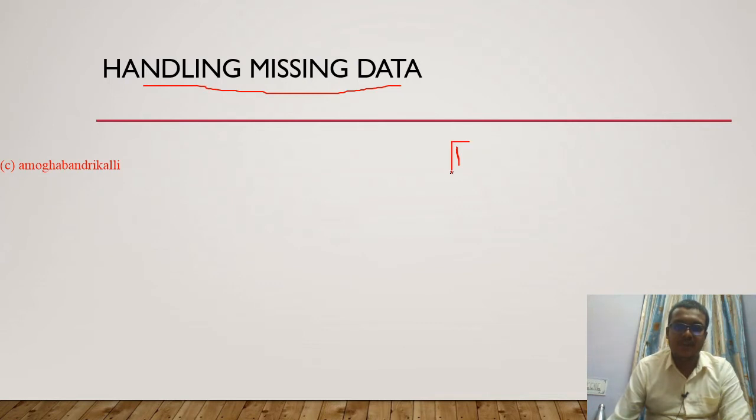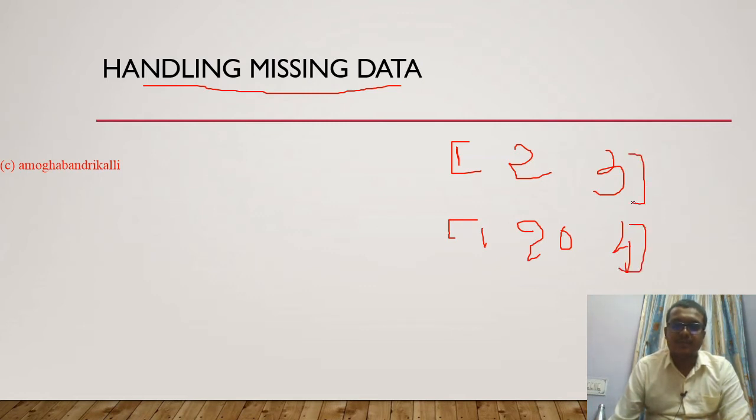We are going to create an array: 1, 2, 3 and 1, 2, 4. We can provide an index for this. So the index values are 0, 1, 2, and for the second one I am making the index 1, 2, 3.